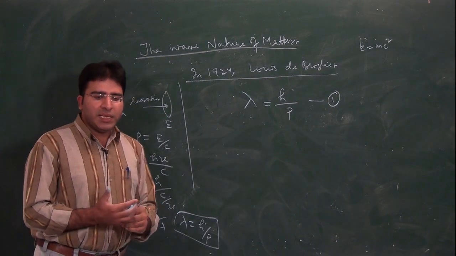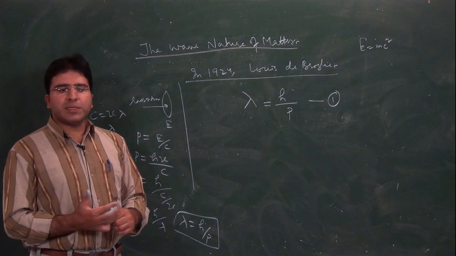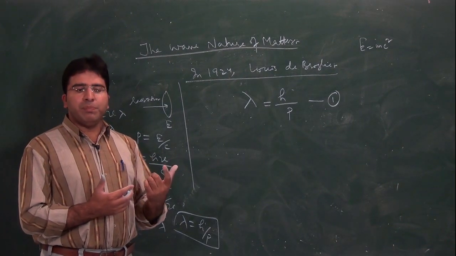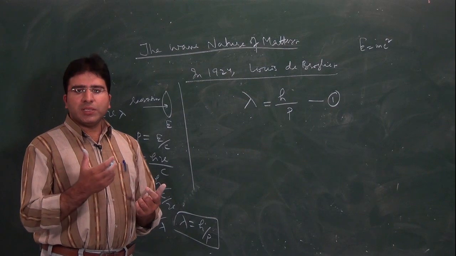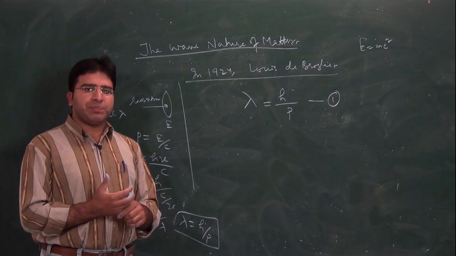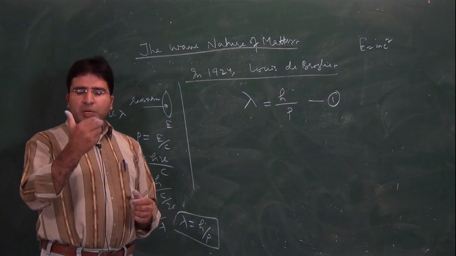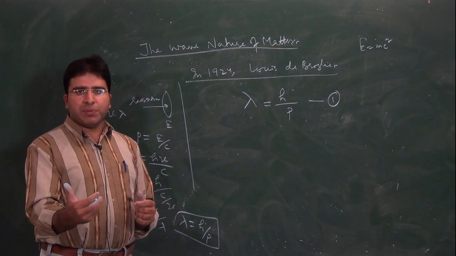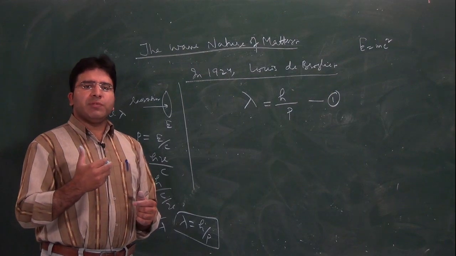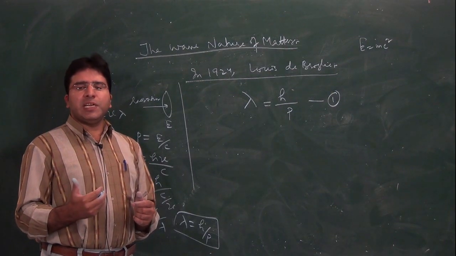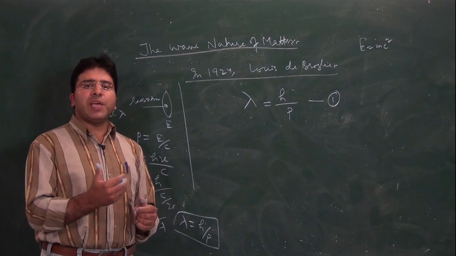What is that? The Davisson and Germer experiment comprises measuring the wavelength of an electron beam. If we measure the wavelength of something, it is sufficient to prove that it is a wave.